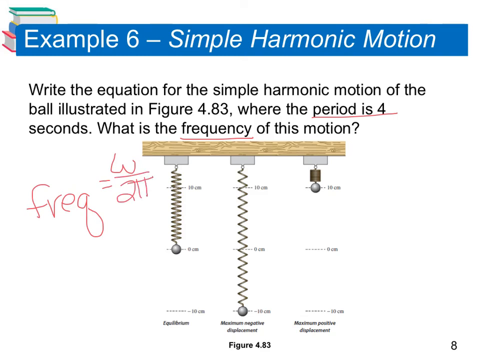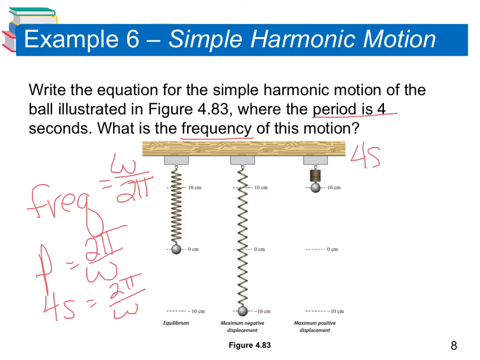So we need to figure out what omega is in order for this to work. And the box also said that the period equals 2 pi over omega. We know the period is 4 seconds. 2 pi over omega.